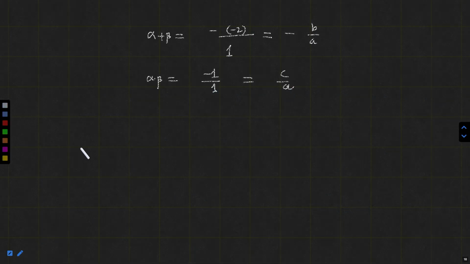So if we take a equal to 1, then b is equal to minus 2 and c is equal to minus 1.